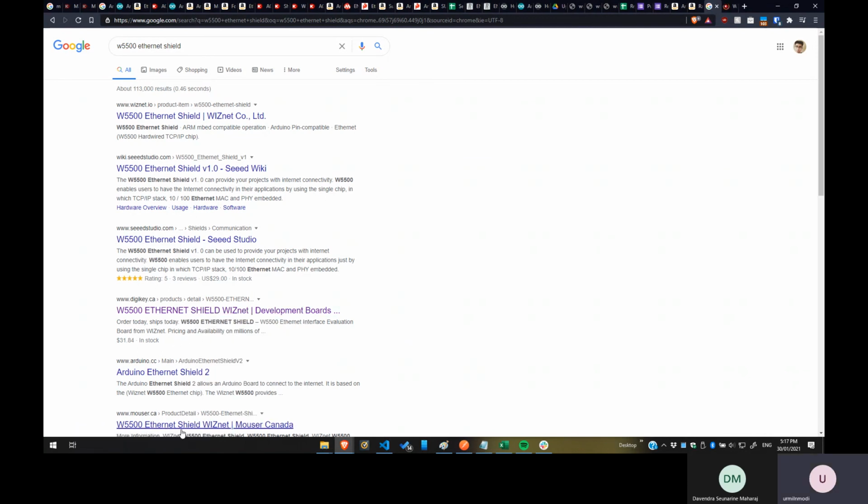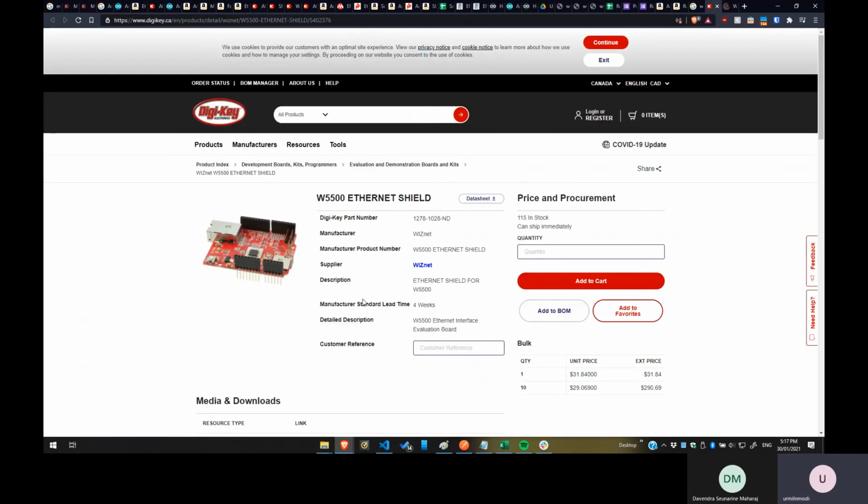DigiKey has this one. Mouser has this one. Okay, that's in the US. Does this look familiar with your one? Mine is different.